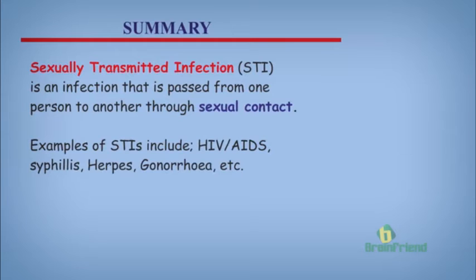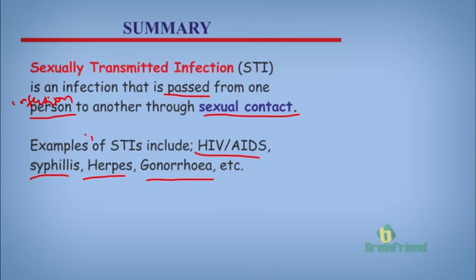A sexually transmitted infection, we said, is an infection that is passed from one person, that's an infected person that has the virus, to another through sexual contact. And examples of STIs include HIV/AIDS, syphilis, herpes, gonorrhea, and so on.